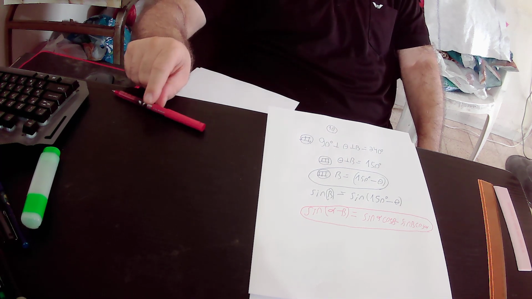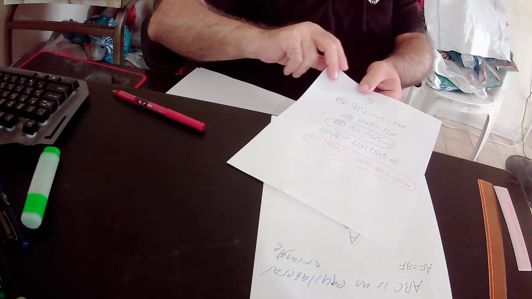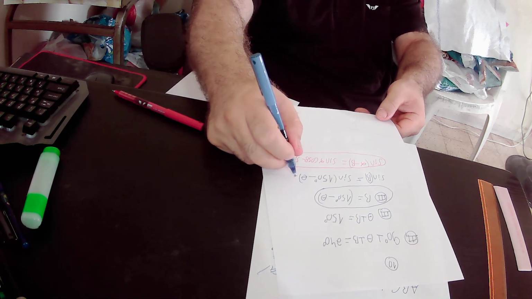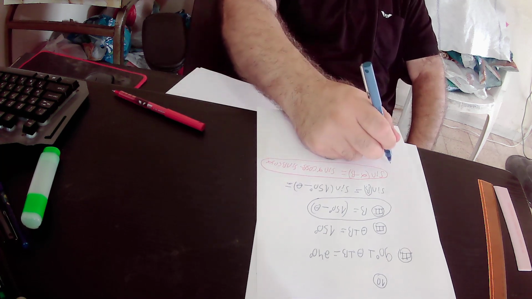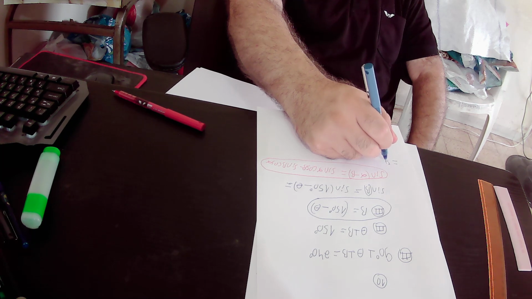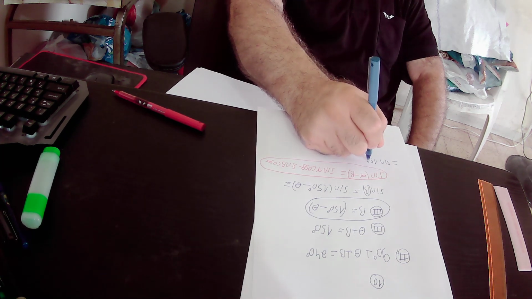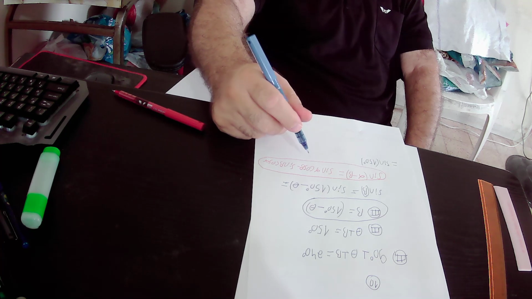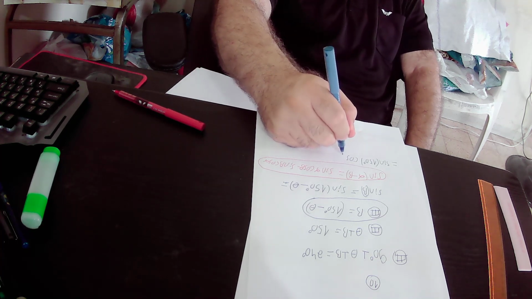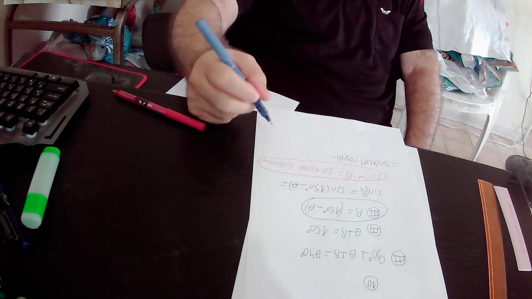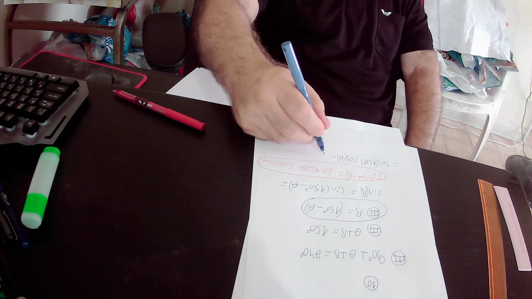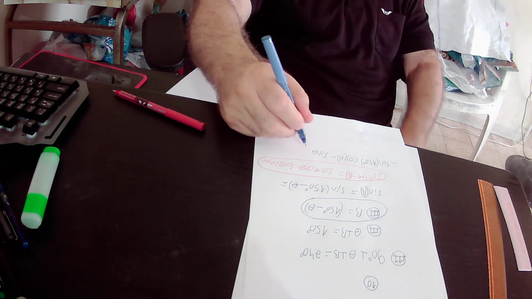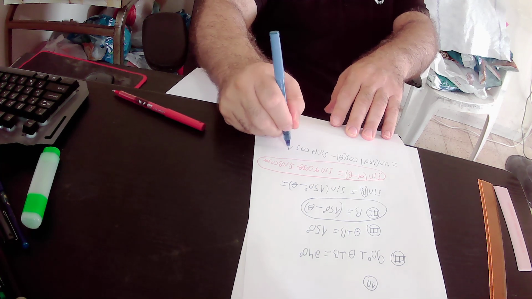Okay, so we will get that sine of 150 degrees minus theta equals sine 150 degrees times cosine theta minus sine theta times cosine 150 degrees.